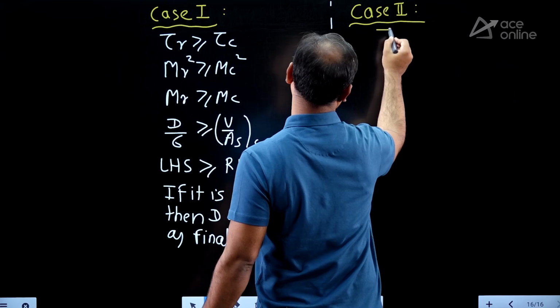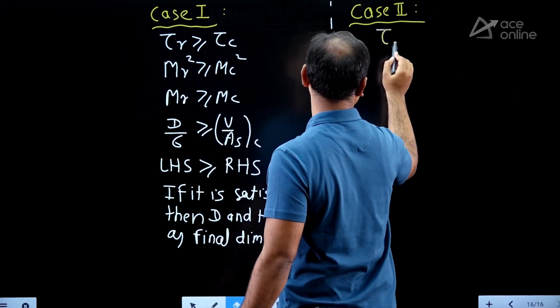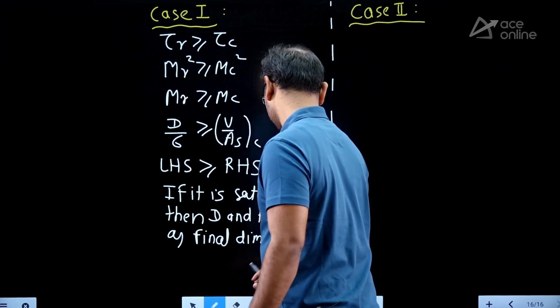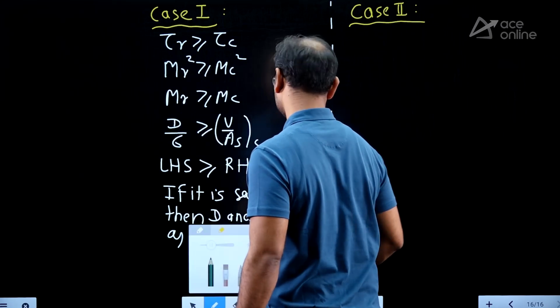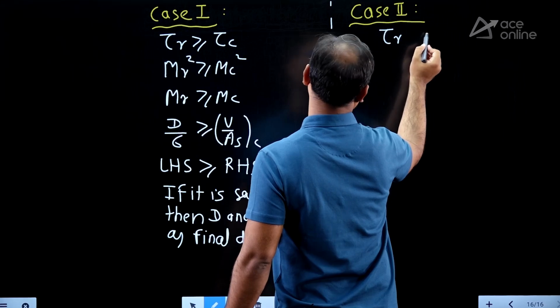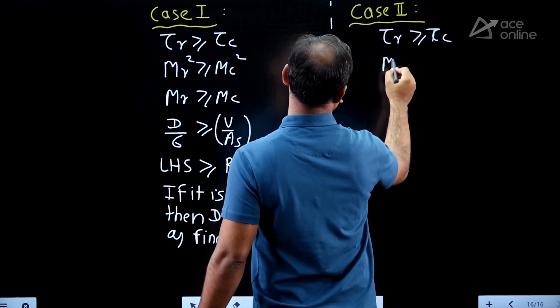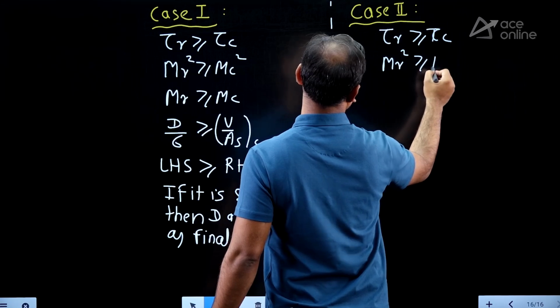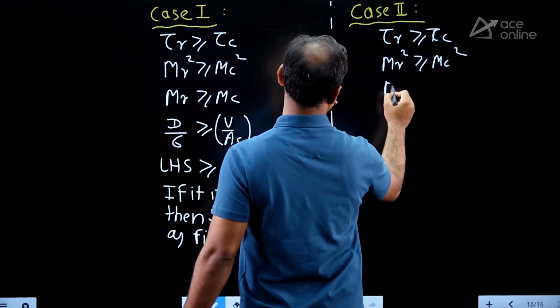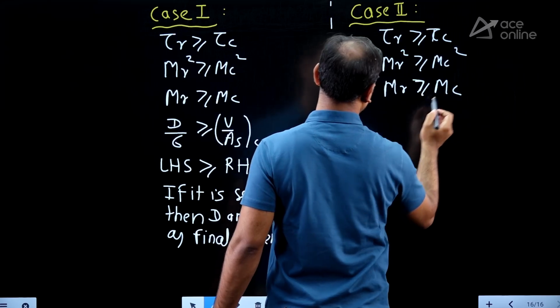Then the same I am writing here: tau r must be greater than or equal to tau c. Then Mr square must be greater than or equal to Mc square. Then Mr must be greater than or equal to Mc.